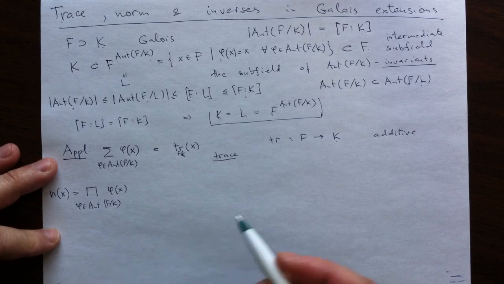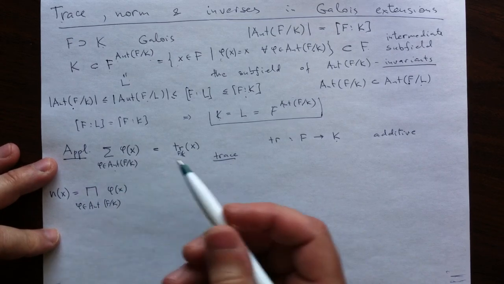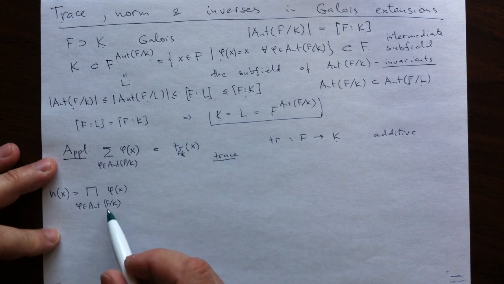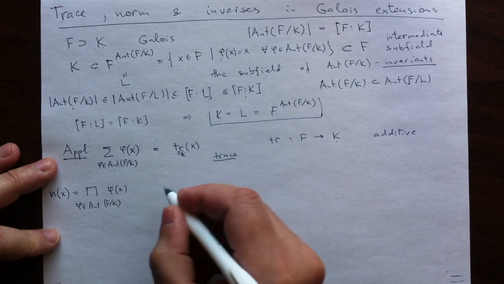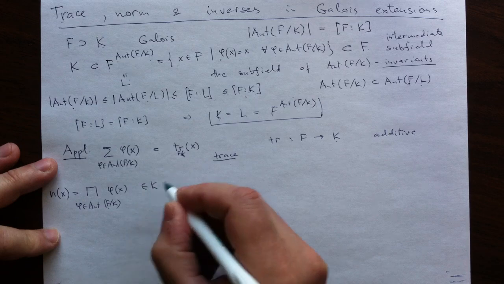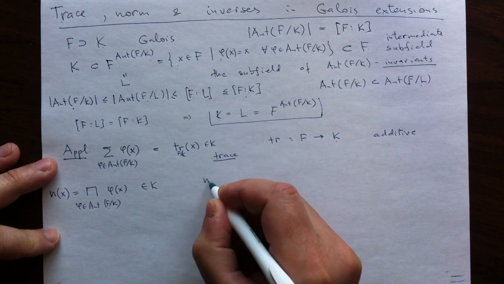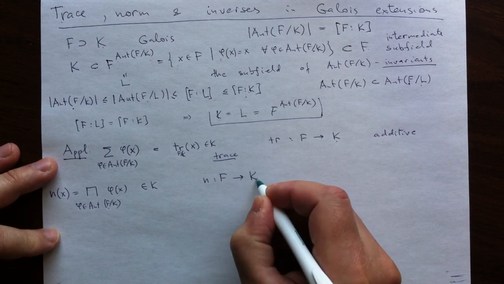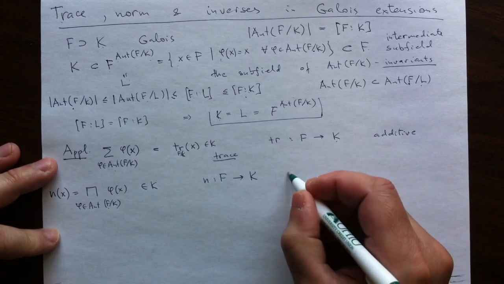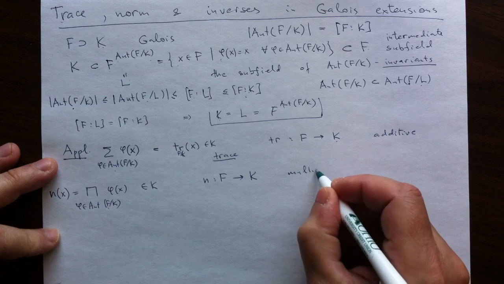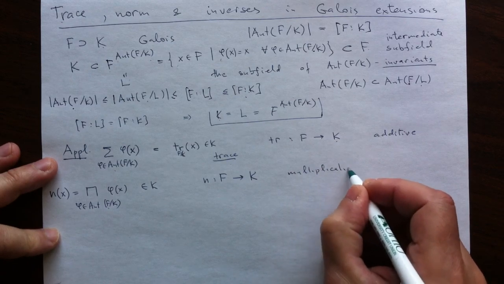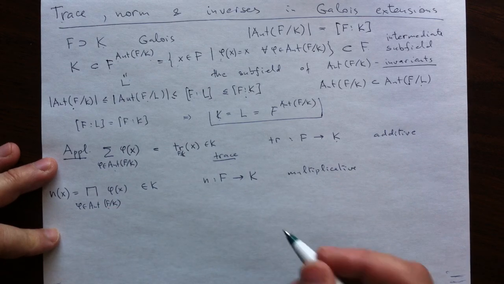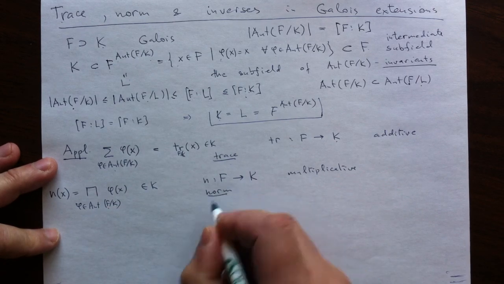It is also an element in K, because the result is manifestly invariant under all automorphisms from our symmetry group. We have this norm function from F to K. Now it is multiplicative, because we define it by just the product. So this is called the norm.